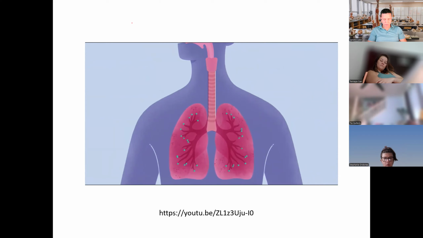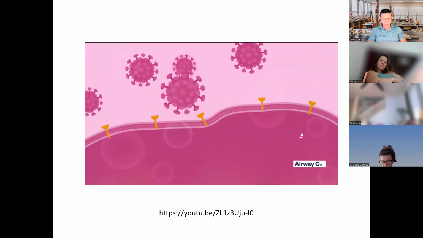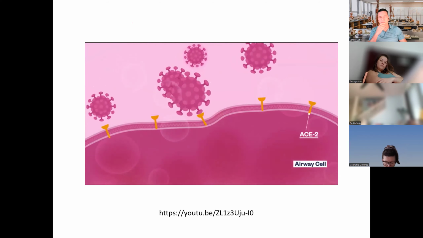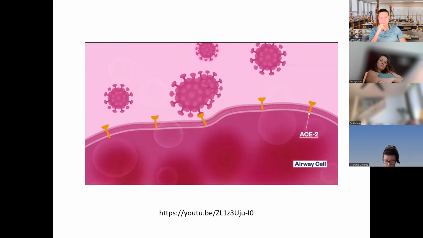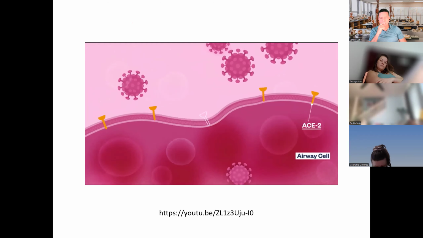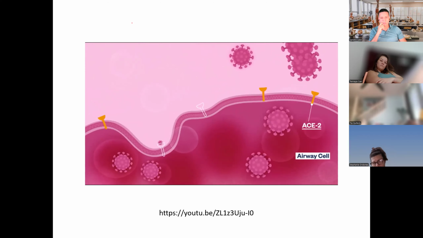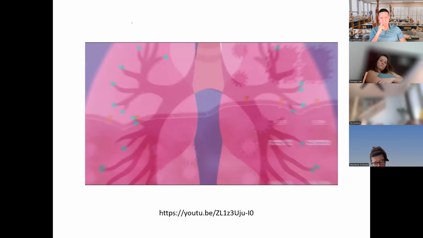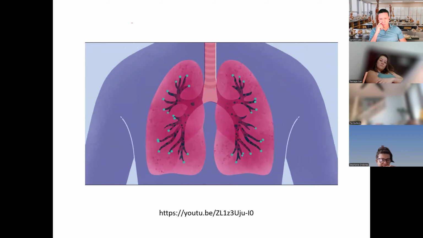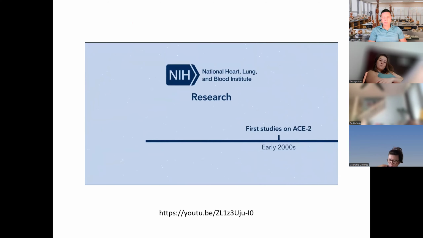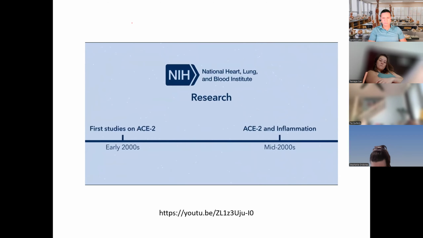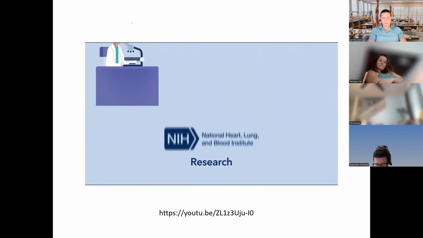Inflammation helps our bodies fight infection, but in some people with COVID-19, it seems to go into overdrive. Researchers think this may be due to the fact that the virus latches on to the ACE2 molecule in order to get into cells. ACE2 helps reduce inflammation, and this effect is lost when the virus occupies it. The result is that inflammation can go awry. NHLBI-funded research over decades has helped us understand ACE2, its role in inflammation, and how it is hijacked by the virus.